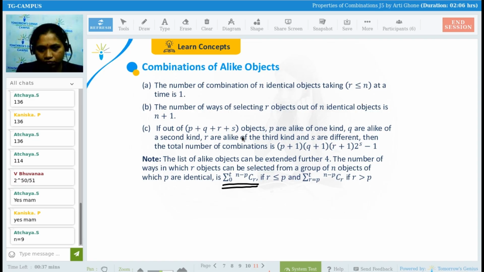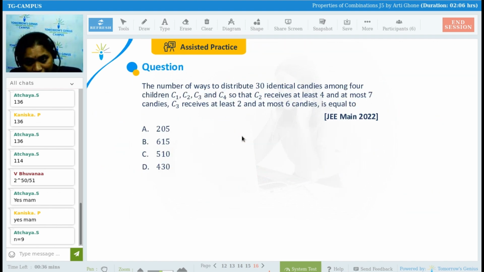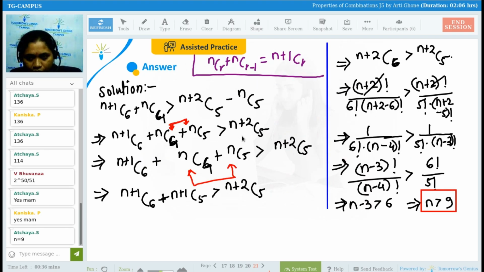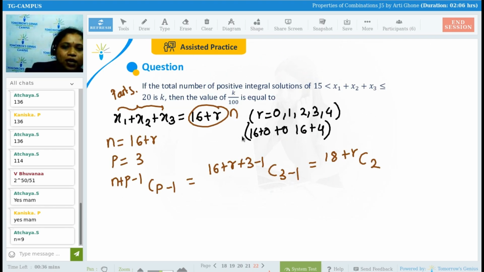Read that note. Done? Now just understand in this example, I'm trying to explain here. The total number of positive integral solutions of x1 plus x2 plus x3 greater than 15 and less than or equal to 20 is k, and the value of k upon 100 is asked.